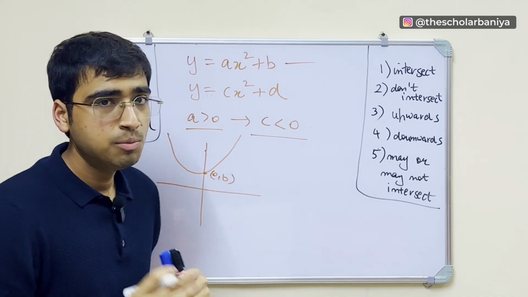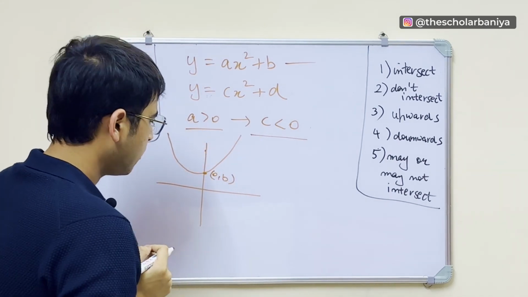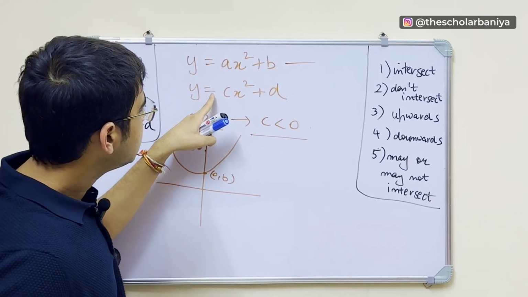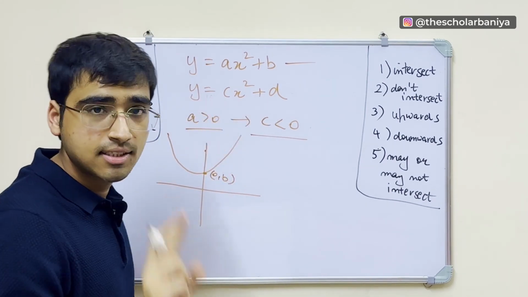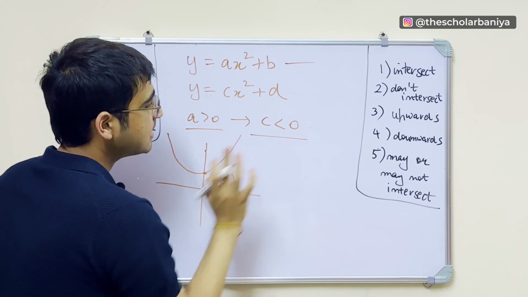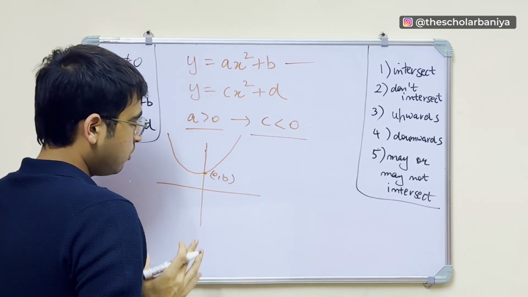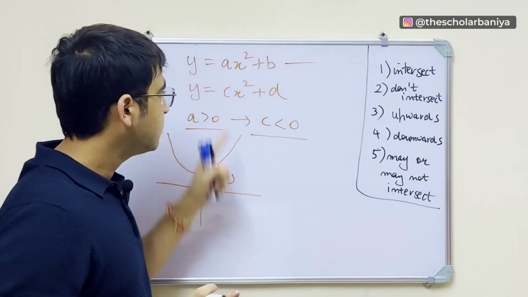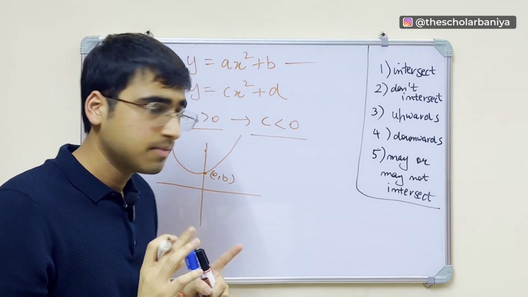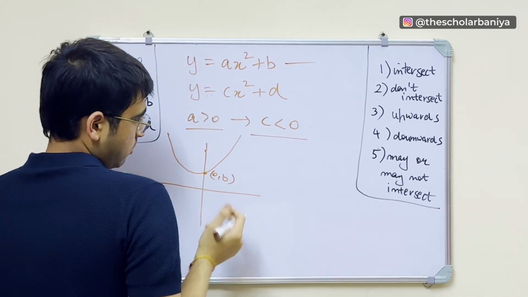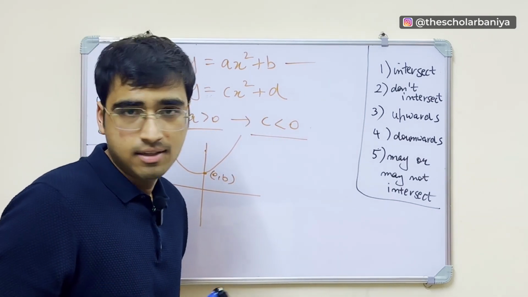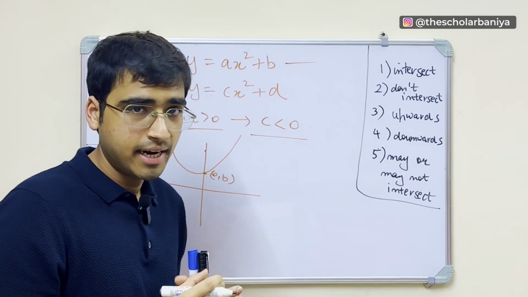Because we have assumed a is positive. Now y equals cx square plus d is the second parabola and c is negative. So there are two possible cases. If c is negative, that means the parabola will be facing downwards, and this is d. But we don't know the value of d. d can be positive or d can be negative.